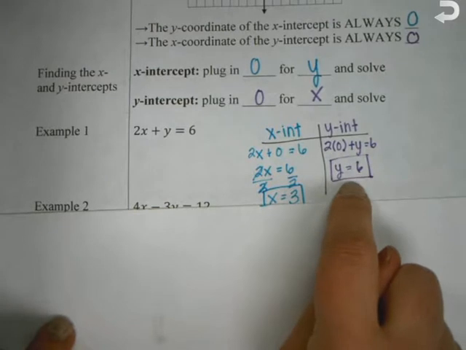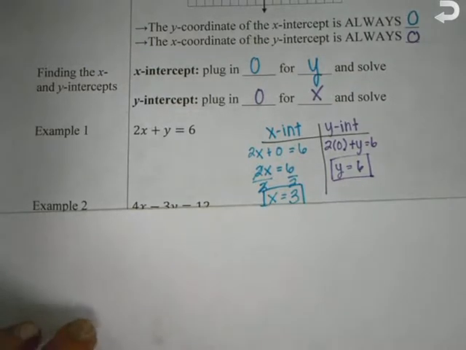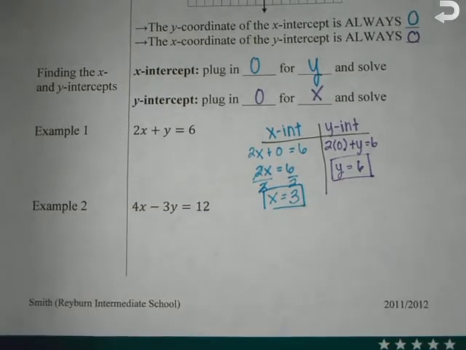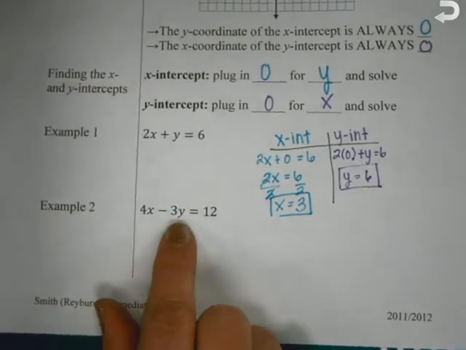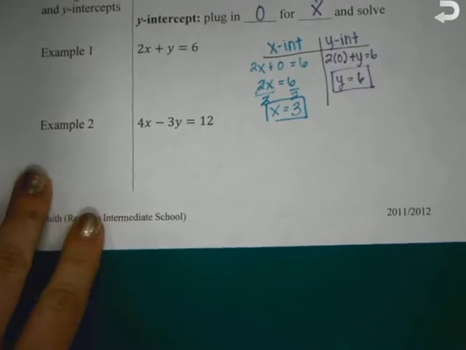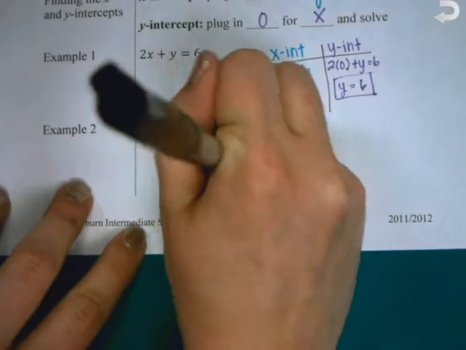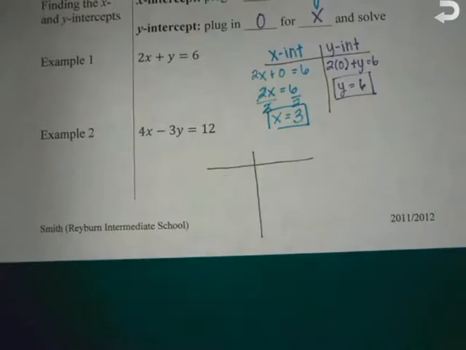Okay? Example 2. We have 4x minus 3y equals 12. So the first thing I'm going to do here is set up my t-chart. I have an x-intercept and a y-intercept.